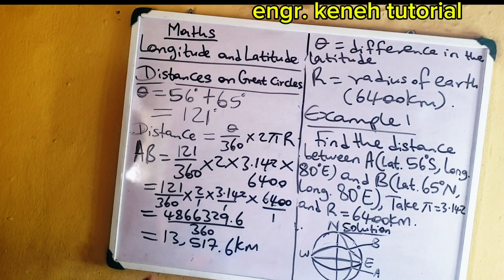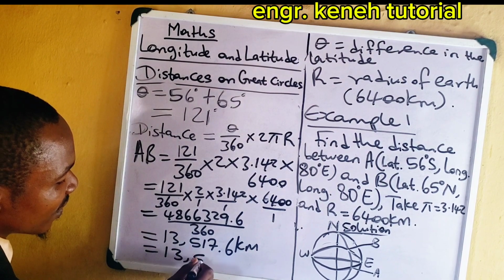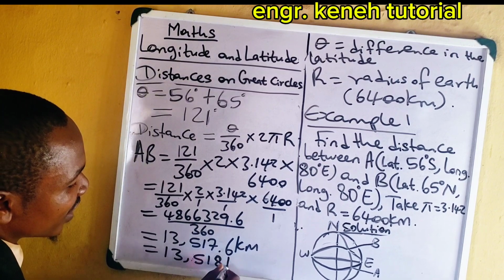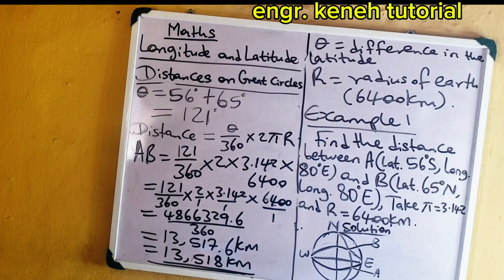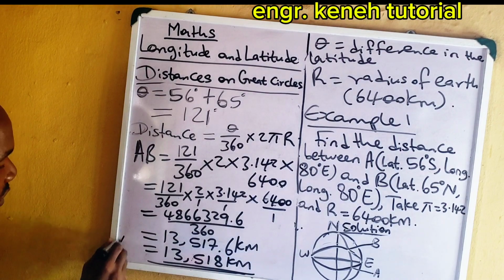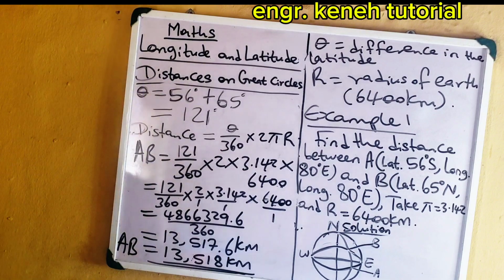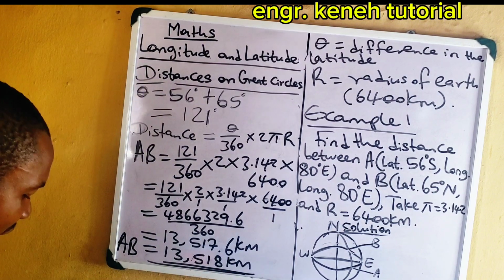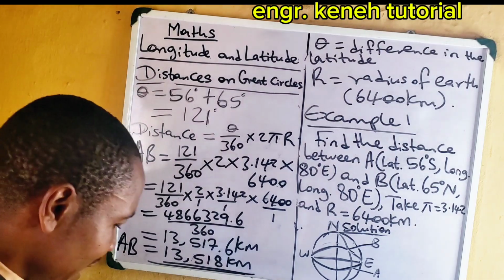When you approximate to the nearest whole number, we are going to have 13,518 kilometers. Can you see that? So that is the distance we are talking about. So the distance between point A and B should be 13,518 kilometers approximately. So this is how this thing can be solved.